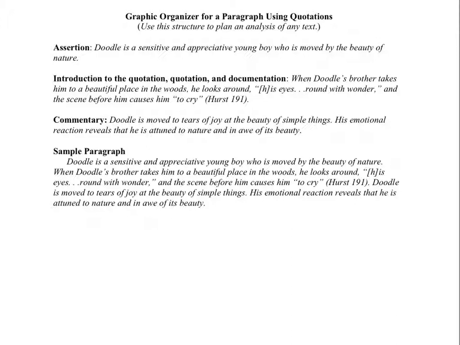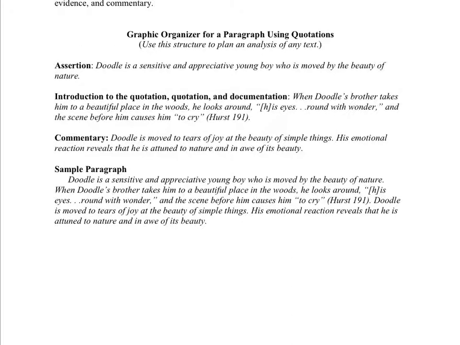Here you can just see how our student friend wrote an assertion, introduced a quotation, wrote commentary, and how these 3 things right here have sort of led to this paragraph. So, Doodle's sensitive and appreciative.